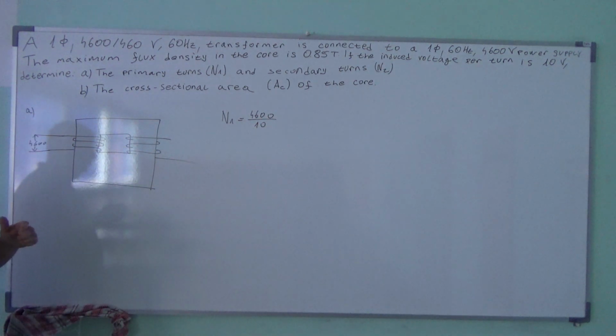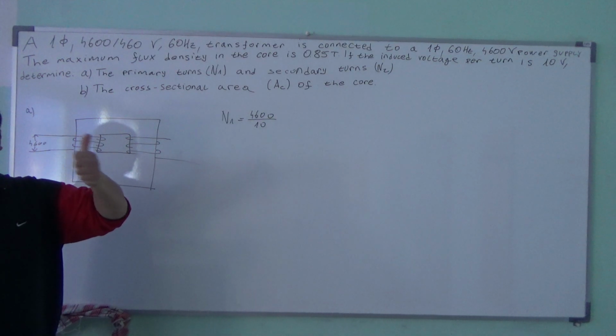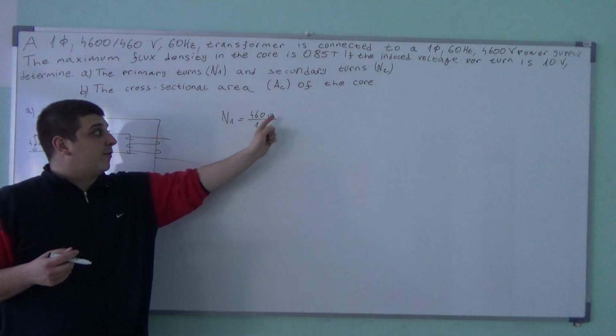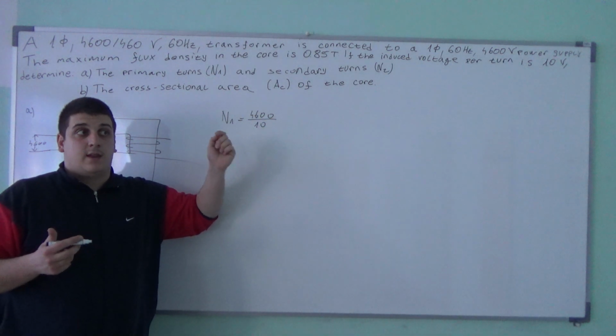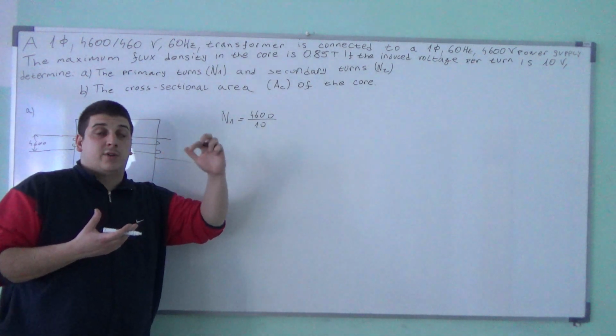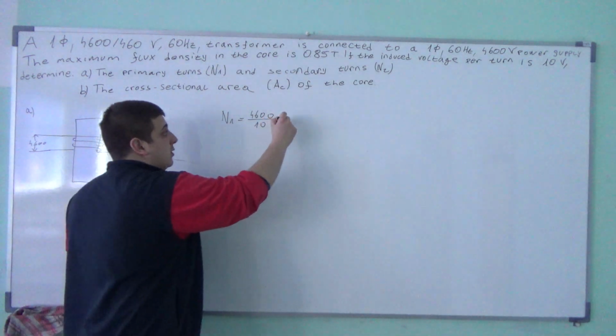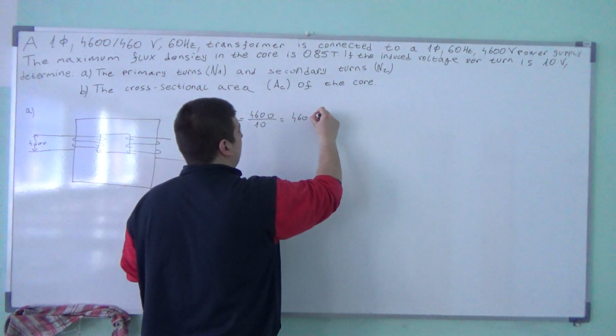Because one has 10 volts, and if I divide 4600 volts by 10, then that is the number of turns on the primary side, and this is 460 turns.